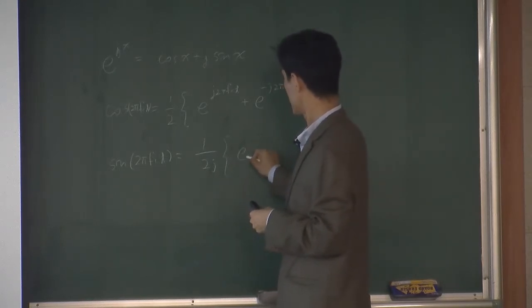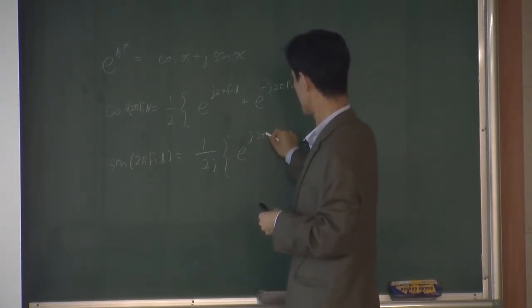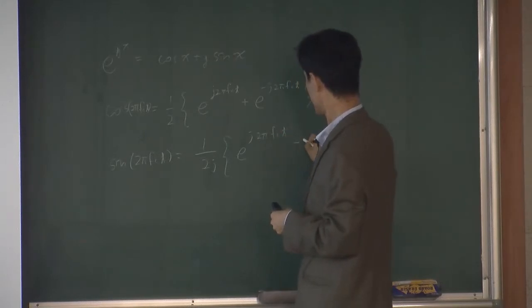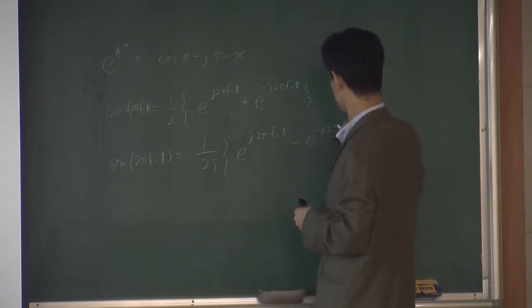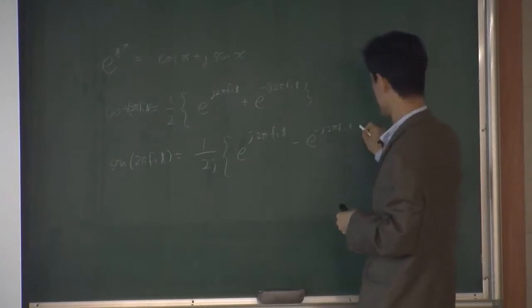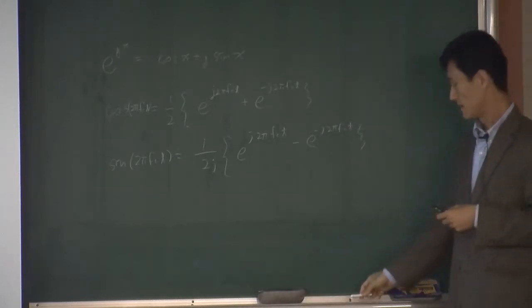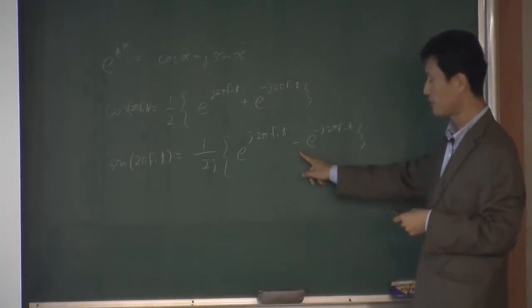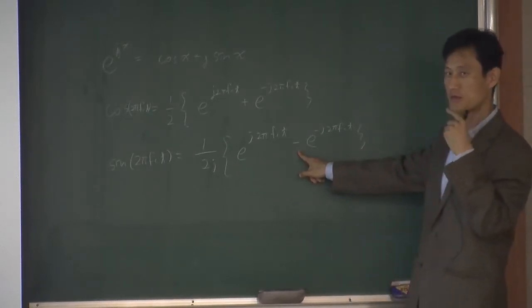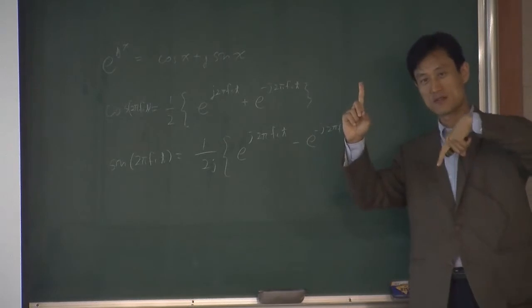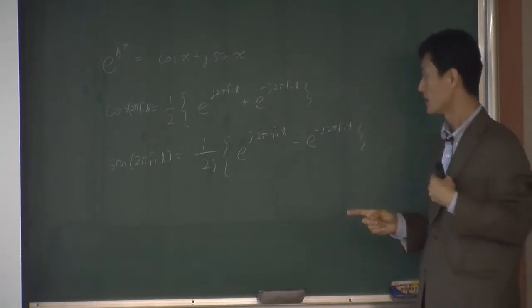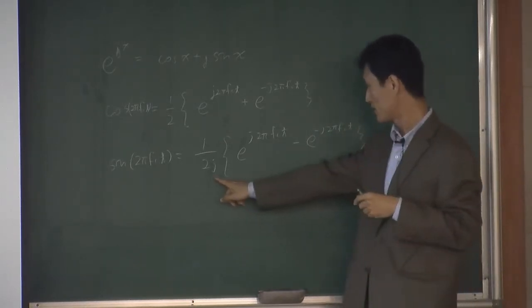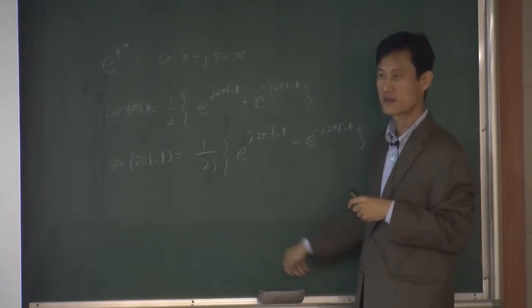And then you can see something like this, so now you have one positive and one negative. That's why some of you remember positive, negative, like this for sine. But what you forget is this one. There's a j right here, right?